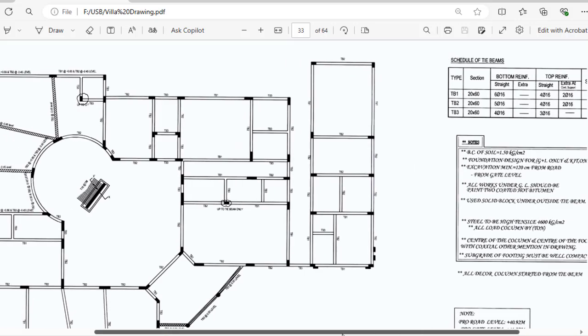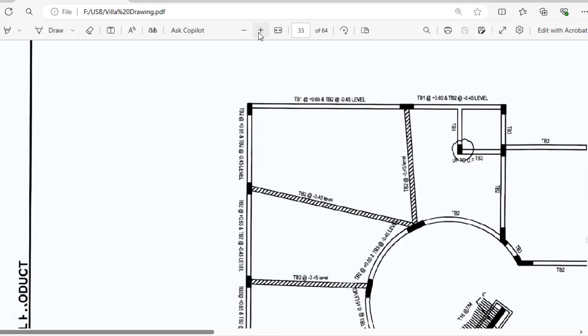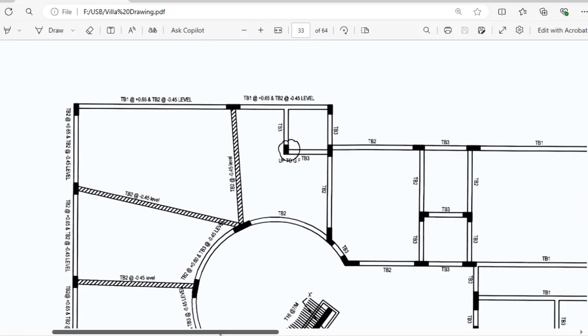After that we have level, the most important point, which beam has which level we will apply. First of all, this tie beam is at plus 0.65. You have two tie beams here, one is TB1, one is TB2. One is down, one is up.